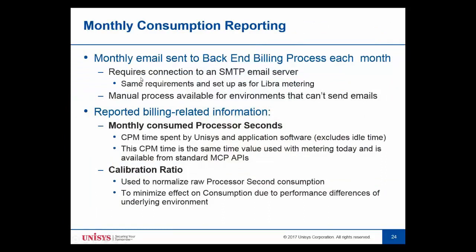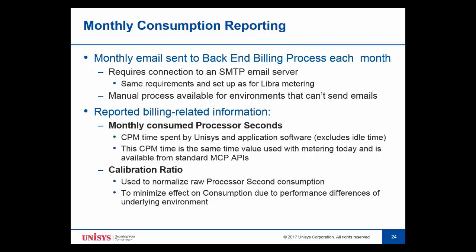Just as we had with metering, we have a monthly email that would be sent back to Unisys that would report the processor seconds that have been utilized for the month, but it will also report back a calibration ratio. This calibration ratio is used to normalize the raw processor seconds of consumption, and this minimizes the effect of consumption due to any performance differences of your underlying hardware environment.